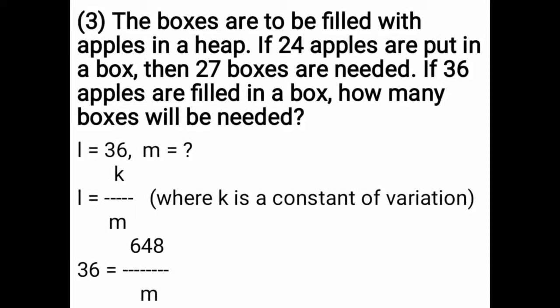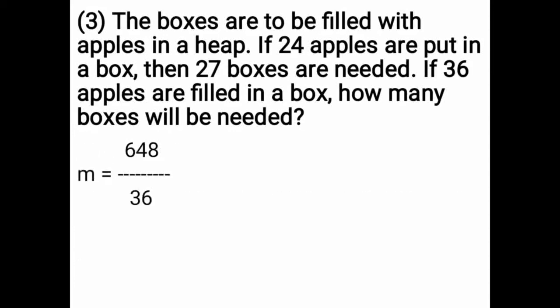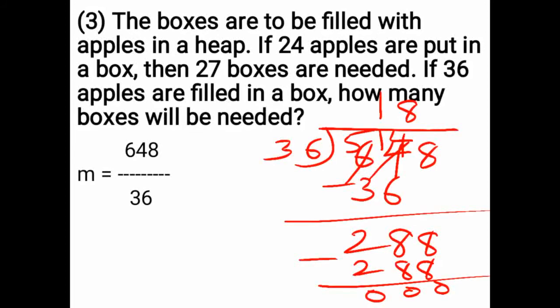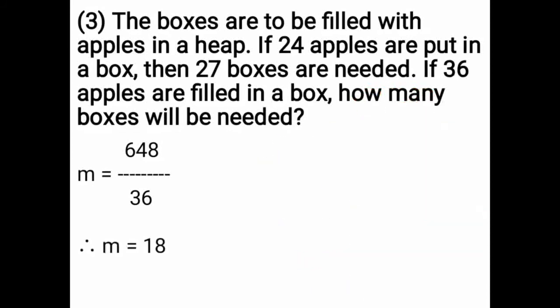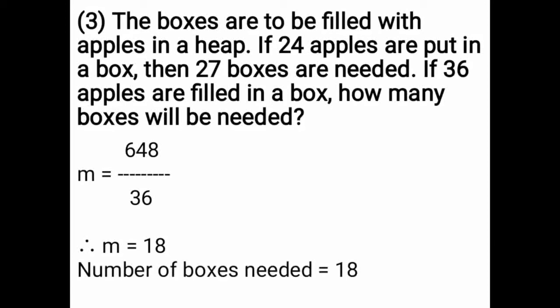Now m you have to take here, and divide 648 upon 36. M is equal to 648 upon 36. I have divided 648 by 36 and I am getting the quotient 18. Therefore, M is equal to 18. So the final statement you have to write: the number of boxes needed is equal to 18.